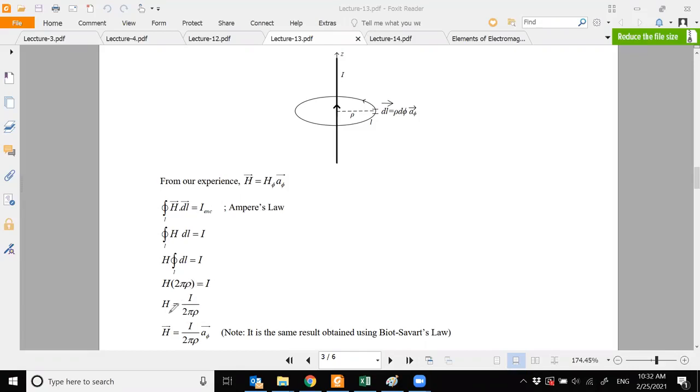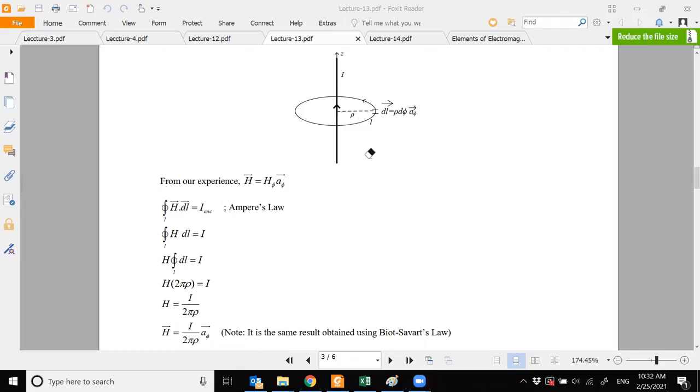Therefore, your H is equal to I over 2 pi rho, or H bar is equal to I over 2 pi rho times a phi. So this is how you can get the magnetostatic field due to an infinite line carrying current I.